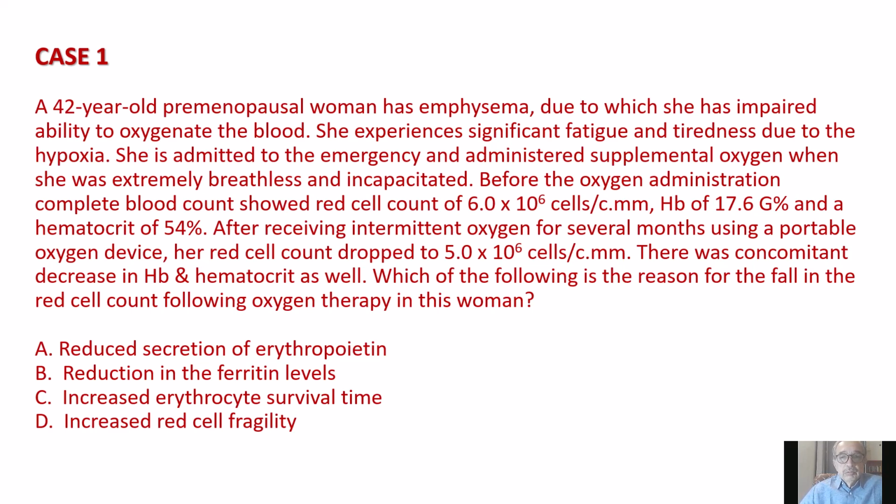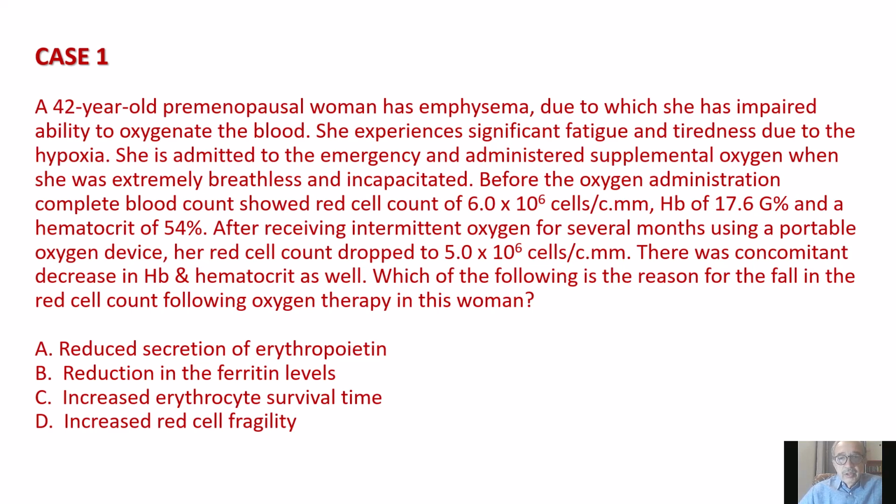So, we had to argue, or the logic is, the oxygenation must have reduced the counts and the hypoxia must have increased the count because 6 million is above normal. Hemoglobin 17.6 is above normal. Hematocrit 54 is above normal. They all come back to the normal values. So the oxygen must have done the trick here.